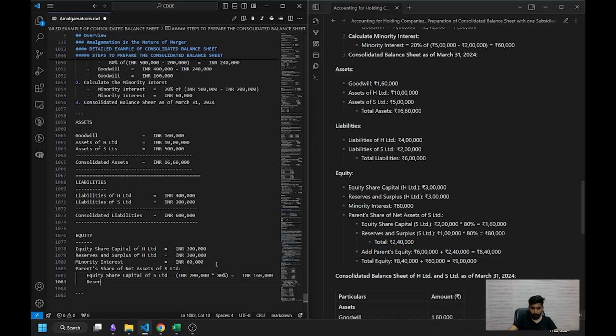Reserves and surplus of S Limited is 1 lakh multiplied by 80%, which amounts to rupees 80,000, which makes the total of the parent's share as rupees 2 lakhs 40,000.